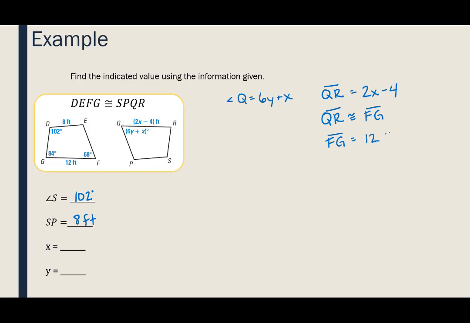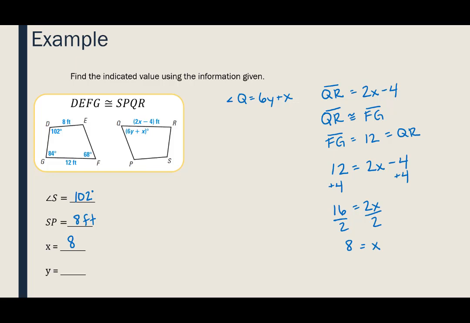Well, that means that QR is also 12 feet. Substitute those in and set them equal. QR is 12 feet, but QR is also the expression 2x minus 4. Let's solve. Add 4 to each side. 16 equals 2x, and divide by 2. x equals 8. So x is 8.